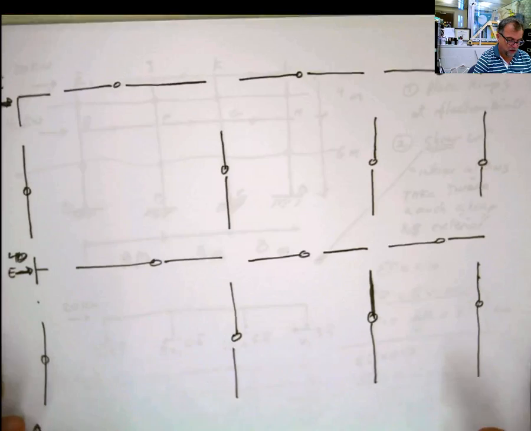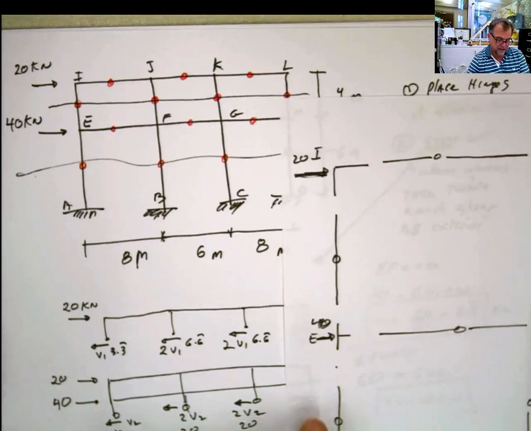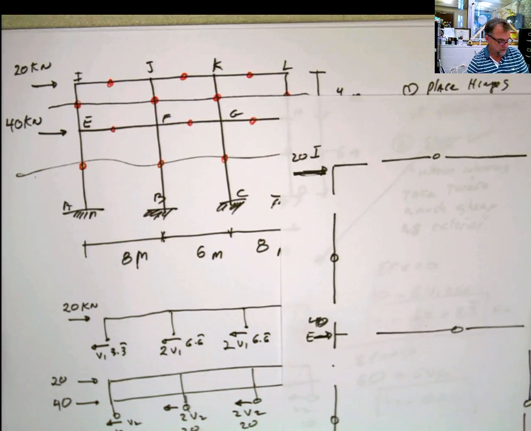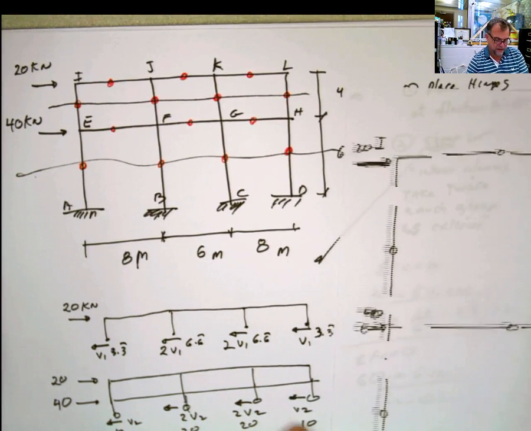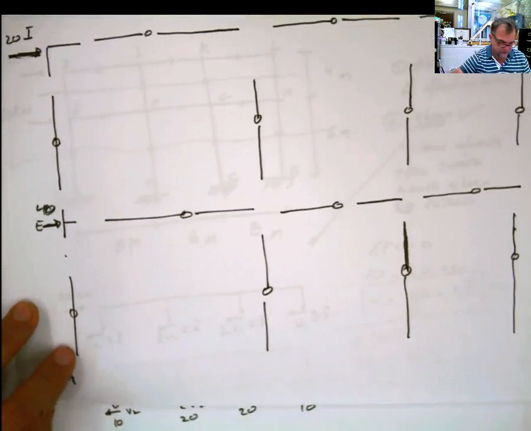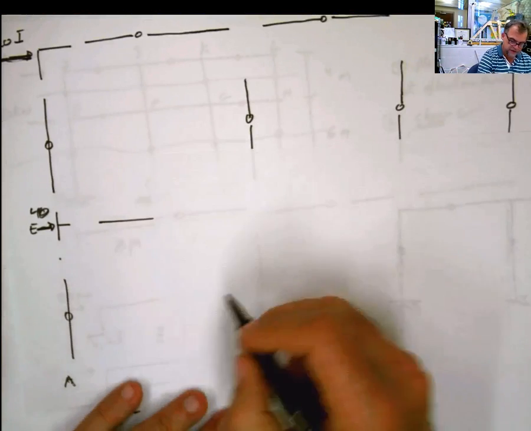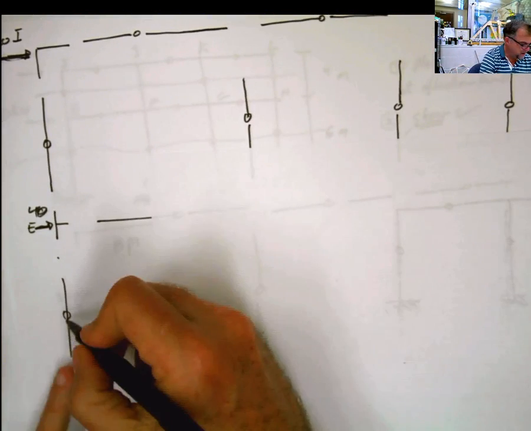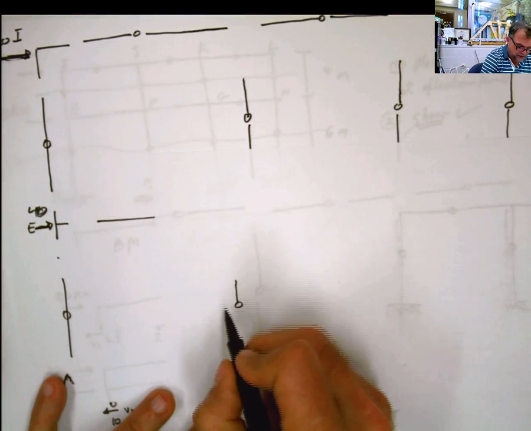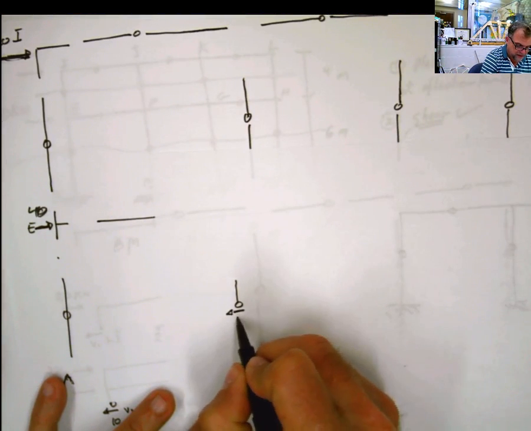And what we know from before is that at this level my shear is 10, 20, 20, and 10 at this level. So if I have to get this little piece here, for example, and I know this, and we calculated that this is 10.